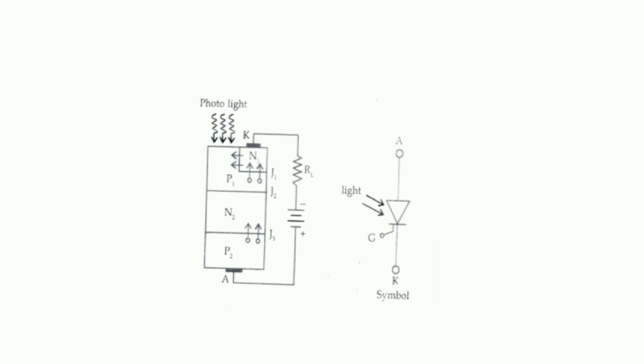This reduces the resistance of the region. The voltage across the junction J2 reduces, but simultaneously the voltage across the junctions J1 and J3 increases.